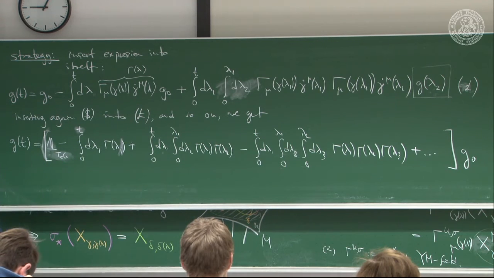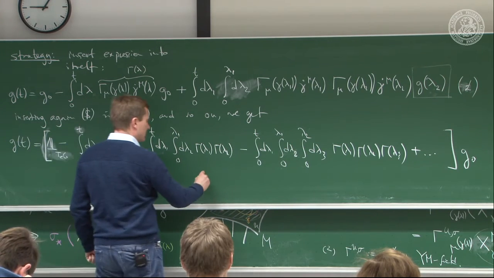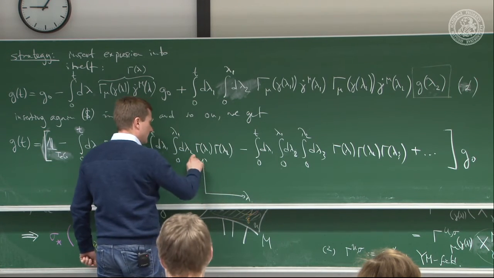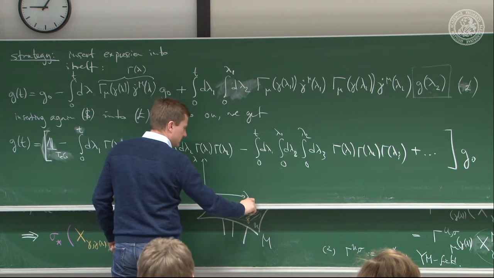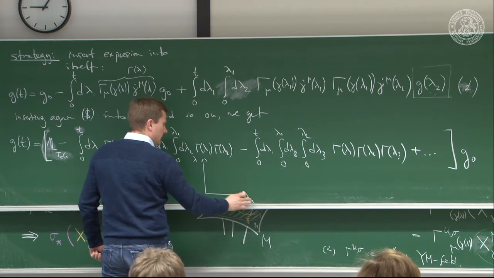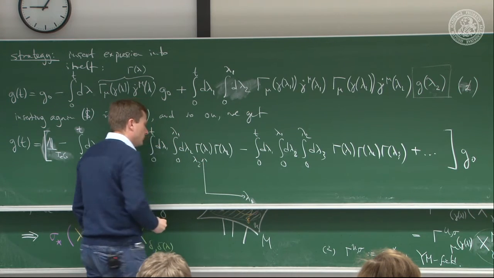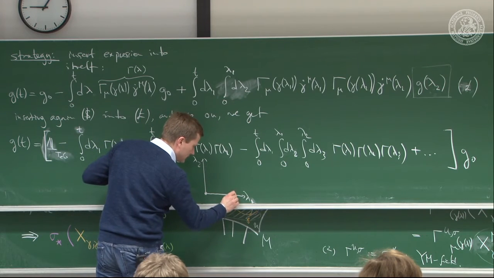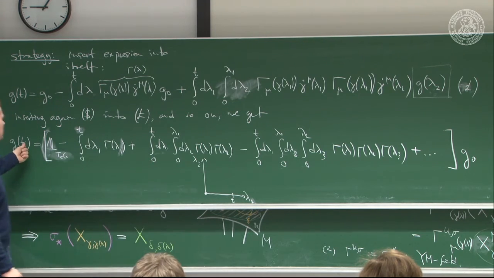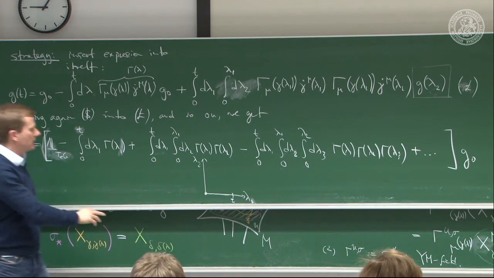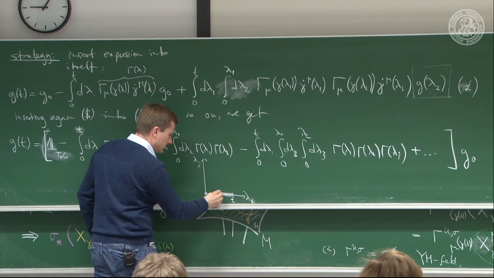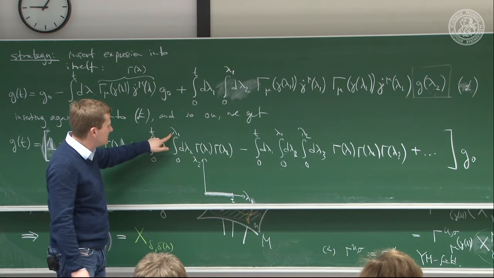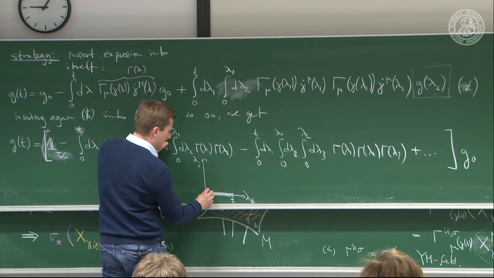So you see what you have. You have here these lambda 1 and lambda 2. So I do it for this integral, and the rest will then be clear. Lambda 1 and lambda 2. And so the lambda 1 runs from 0 up to some t, which is given for all the integrals as a fixed number. So the lambda 1 runs over this range. And the lambda 2, however, only runs from 0 up to the current value of lambda 1.